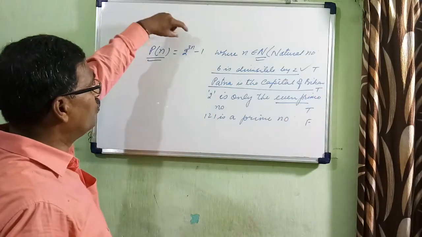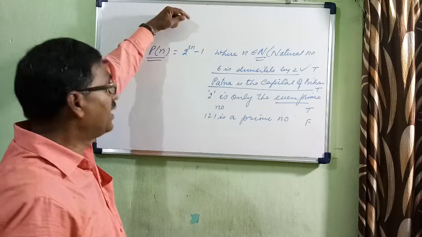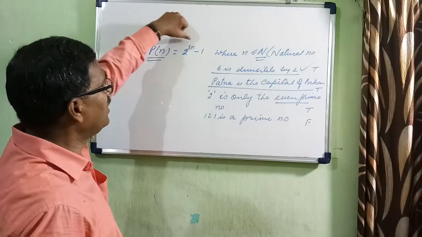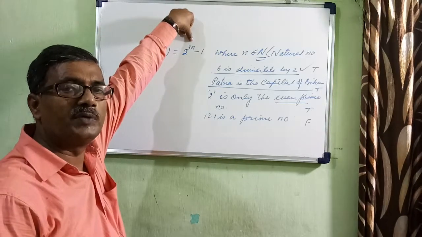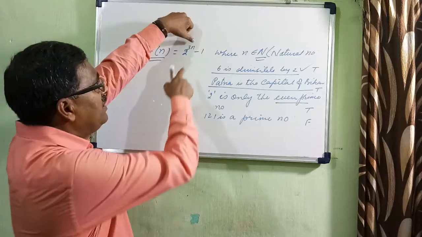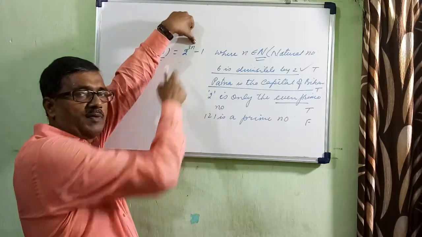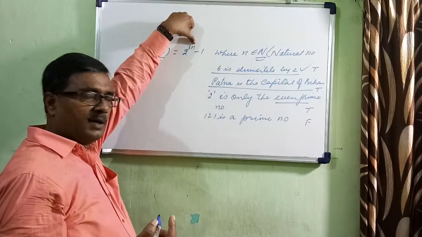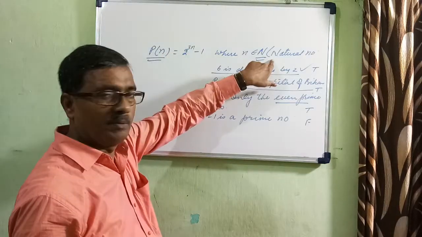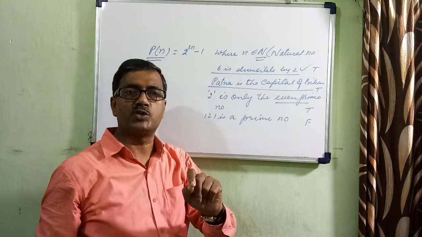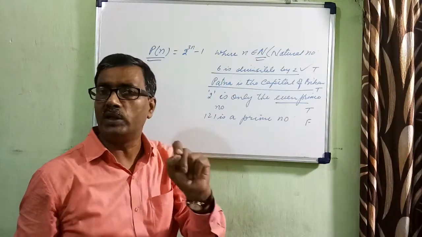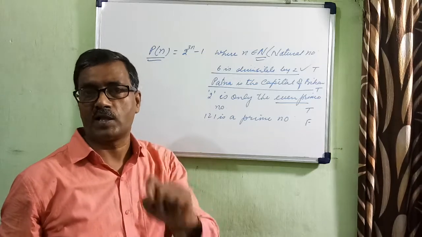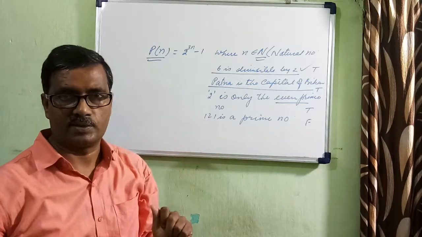So what I am going to say is that P(n) is true for divisibility by 7, meaning it is exactly divisible by 7. I said n is a natural number, so we are bound to take only natural numbers as the value of n.